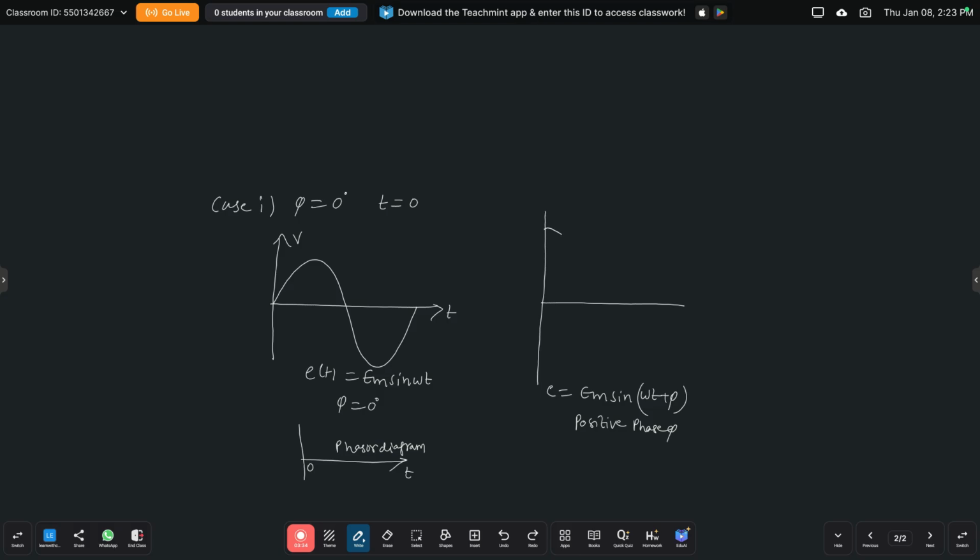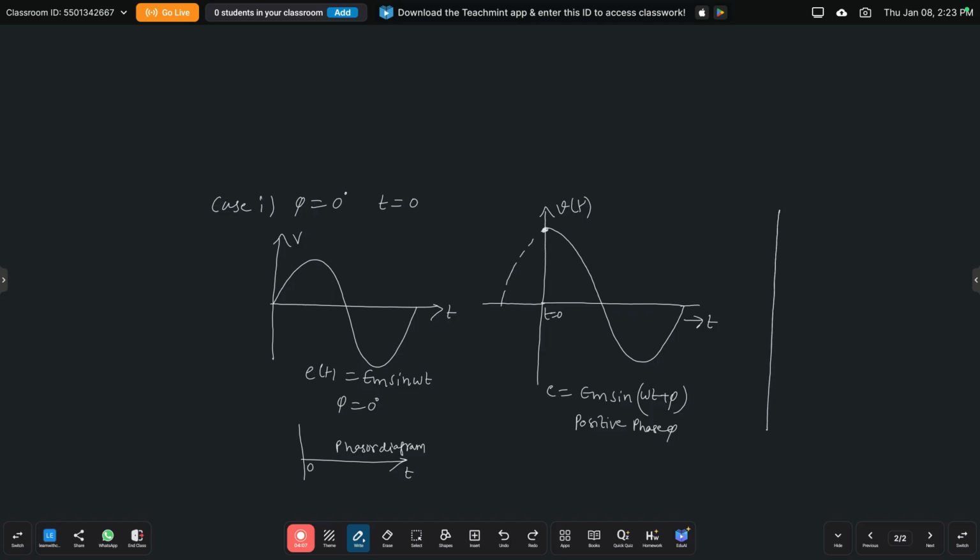Any quantity which has a positive value at t equal to 0 has a positive phase. If you see here, this has a positive value at t equal to 0. This is called the positive phase. This may be V of t. The positive phase is plus phi, so e equals Em sine omega t plus phi.